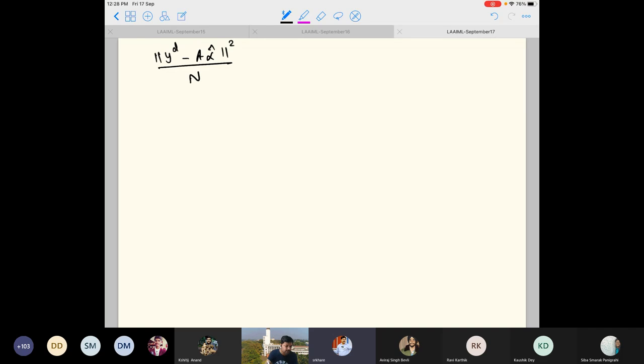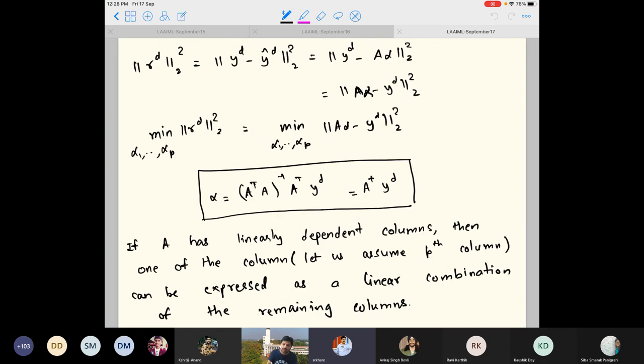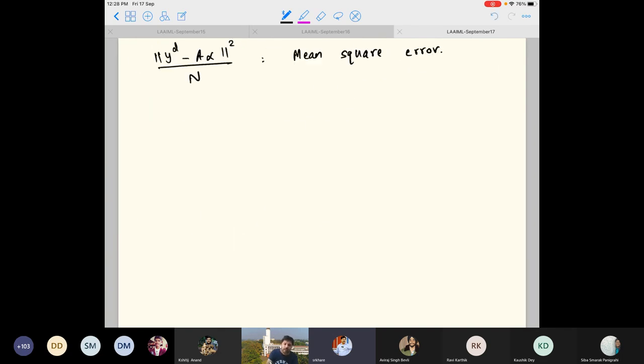This is called the mean square error. So let me still use alpha, mean square error. And when we are minimizing this norm of rd squared, basically what we have is the alpha hat which minimizes this function.